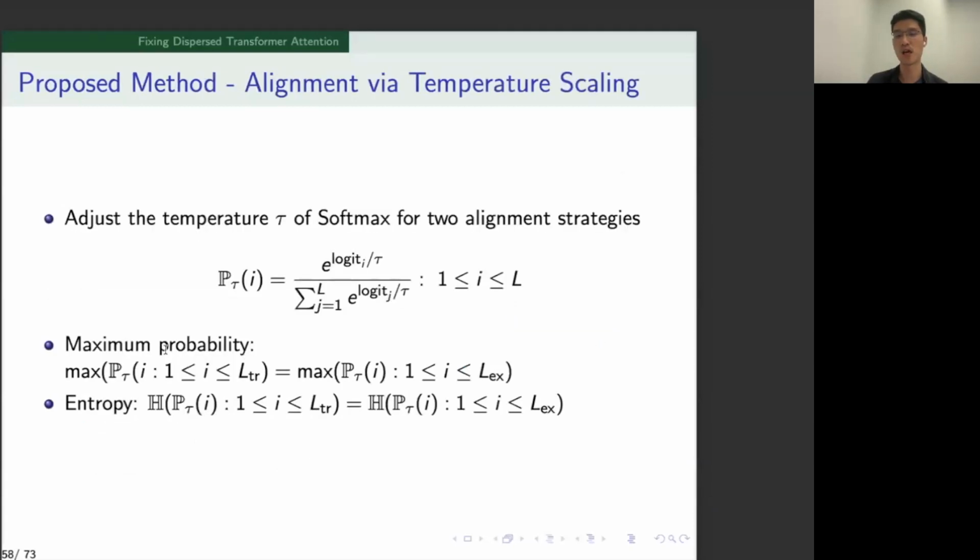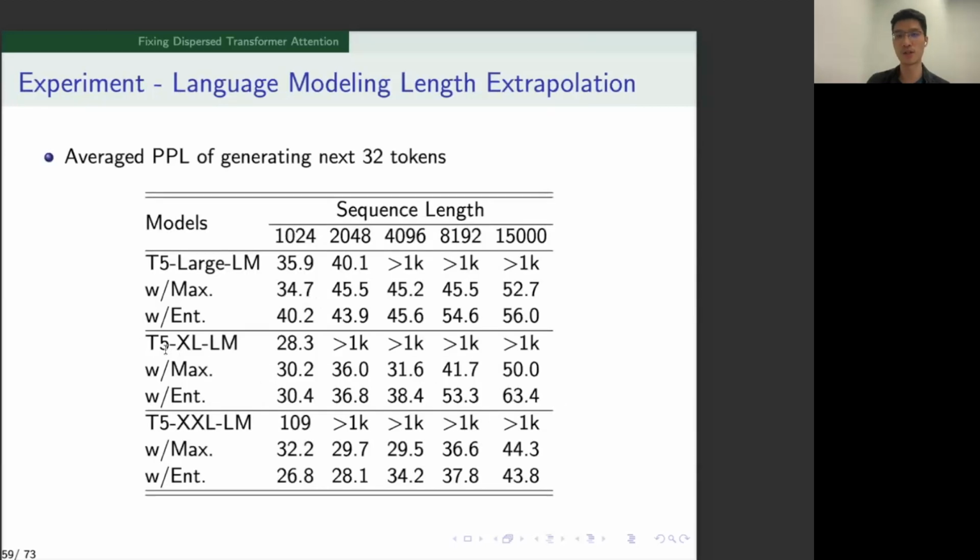We try some alignment methods, for example, the maximum probability, and we also try to align the entropy of two distributions, the short distribution and the long distribution. Let's skip the details here, but the idea is alignment of attention distribution and their statistics.